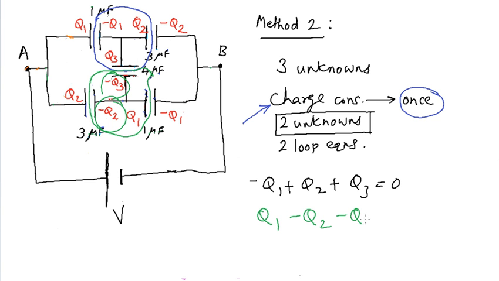Minus Q3 is equal to 0. Now you note that this equation is nothing but this equation multiplied by minus 1. In other words, these two equations are no longer independent of each other, unlike in method number 1 where we did get 2 independent charge conservation equations.